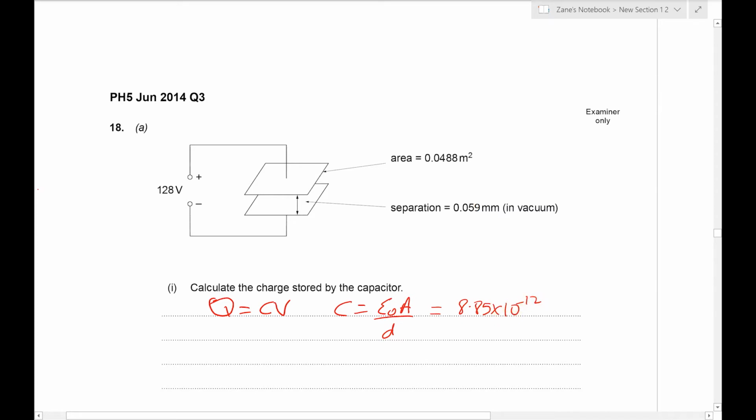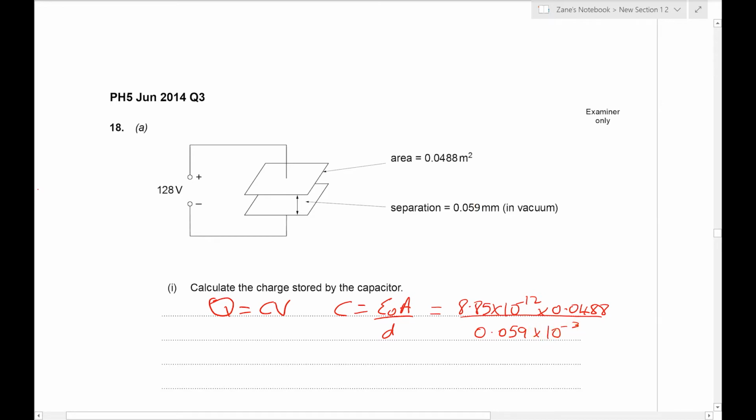Now the area is fine, it's 0.048 meters squared, so no need to worry about any kind of conversion there. But what we've got to be careful of is that the separation of the plates is in millimeters, so we've got to remember to put a 10 to the minus 3 in here, otherwise we're not going to get the right answer.